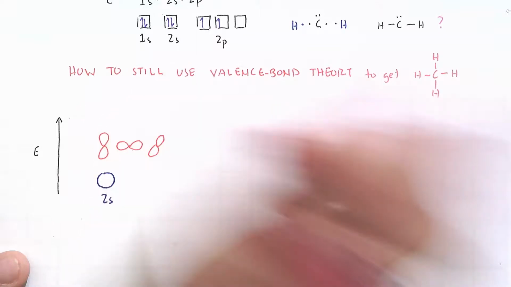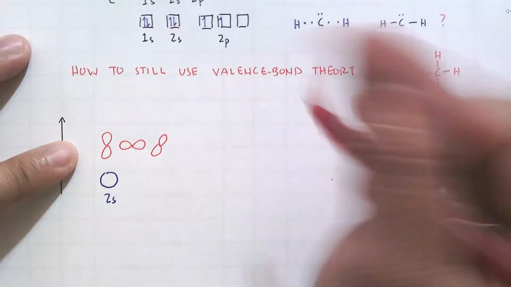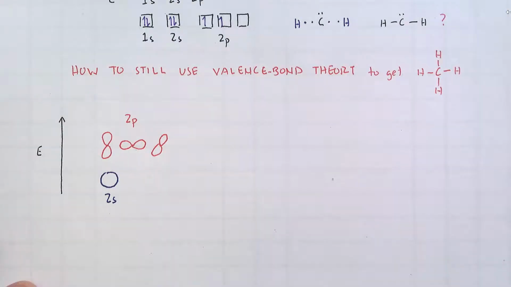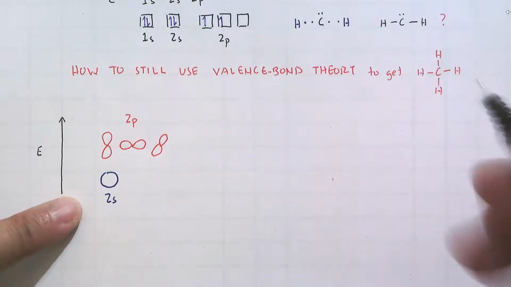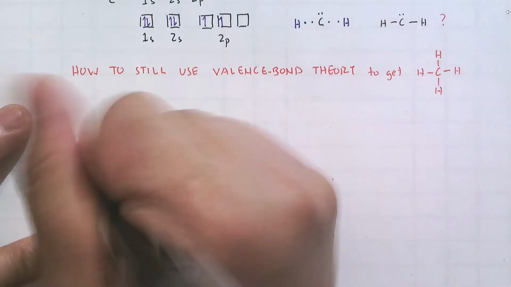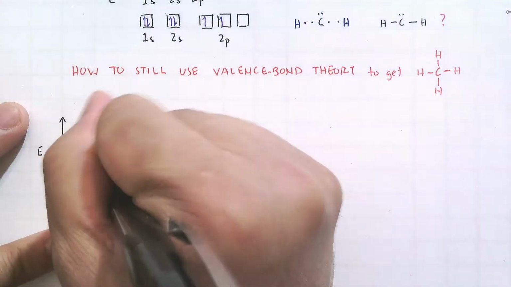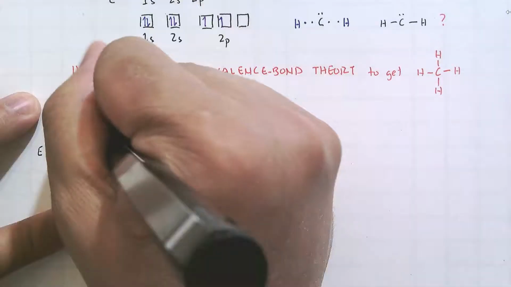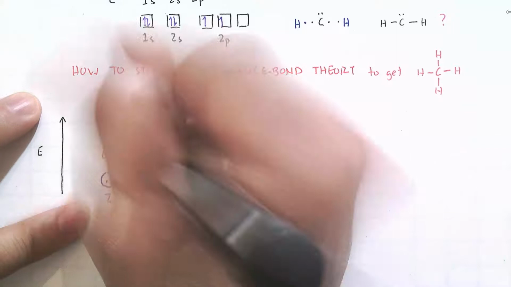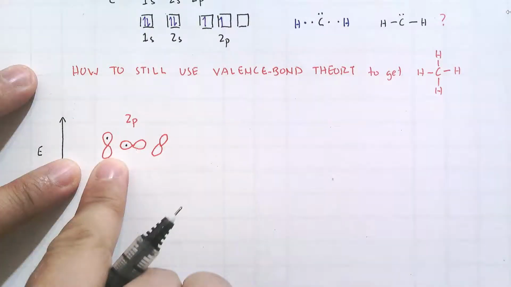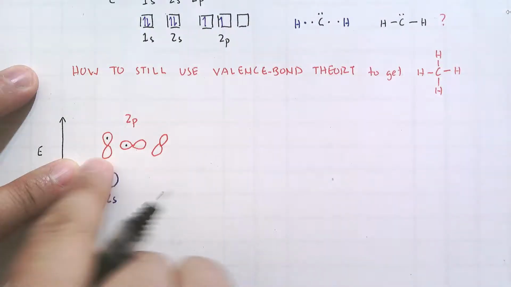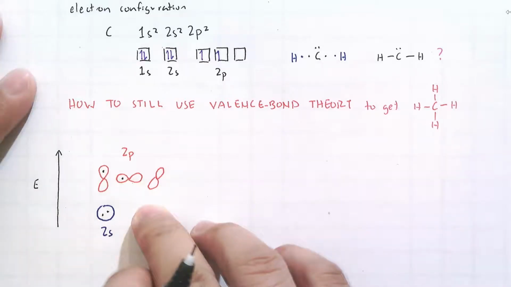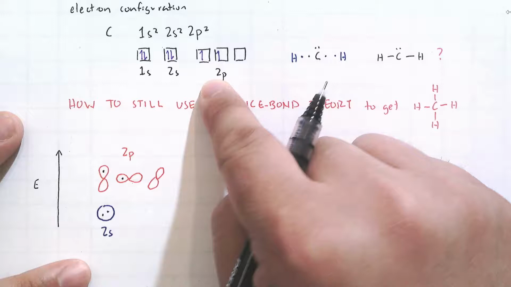They're in the direction x, y, and z. If we populate these orbitals with electrons, I'll use dots. We have 4 valence electrons, 2 in the 2s, and it doesn't matter where you put the other 2, just make sure that they are in different p orbitals because we're using Hund's rule. You singly fill before you doubly fill. And what I have drawn right here matches what I have up here for the box diagram.